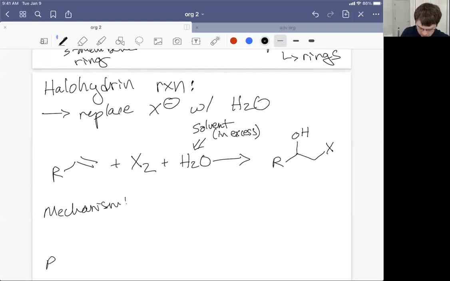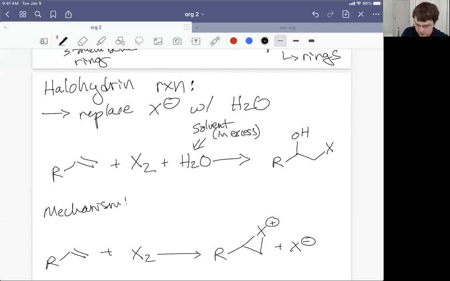Okay, now how does this work mechanistically? Well, the mechanism for this reaction is that we'll first let our alkene react with X2 to form our halonium ion pair. Now, there is an X minus that's present, but that X minus is in low concentration compared to a bunch of water.